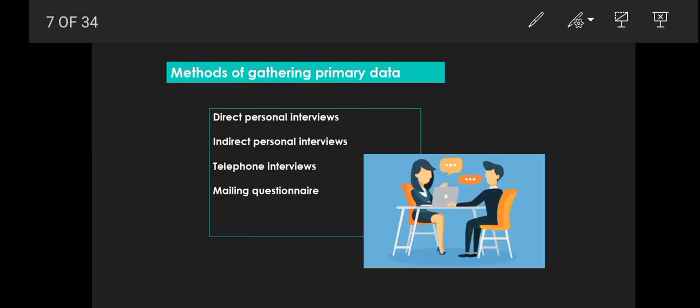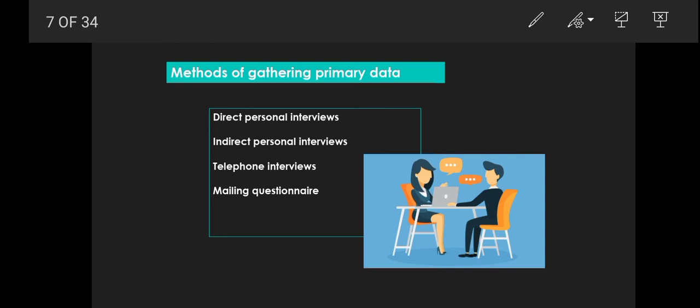Direct personal interviews. Direct personal interviews are the kind of interviews in which the researcher collects the data directly from the respondent. Indirect personal interviews is the interview in which the researcher gathers the information from a third person. Now, who is the third person?